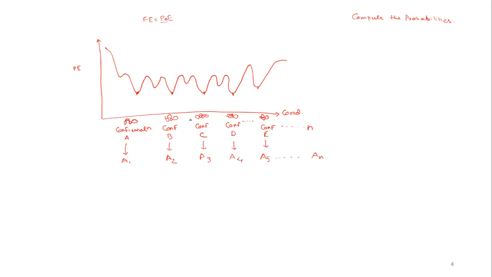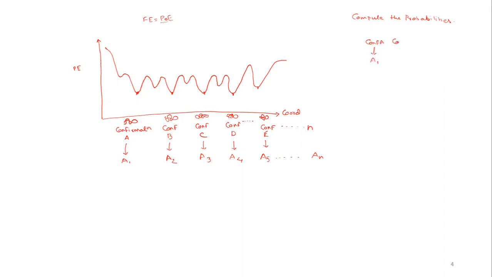Okay, so what is the probability that my protein will have this conformation? What is the probability that my protein will have this conformation? Or what is the probability that my protein would end up in this local minima so that it can have such conformation? Okay, so this is exactly what we are doing. We have got say conformation A, and we have calculated the property of interest, that is A1 for free energy.